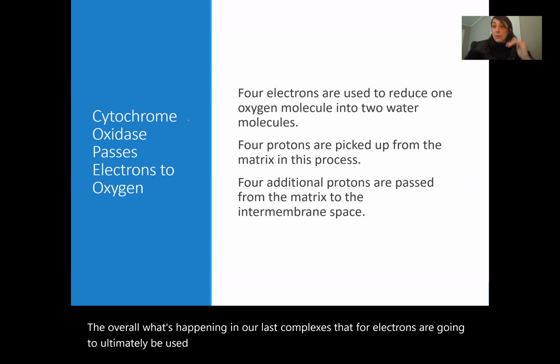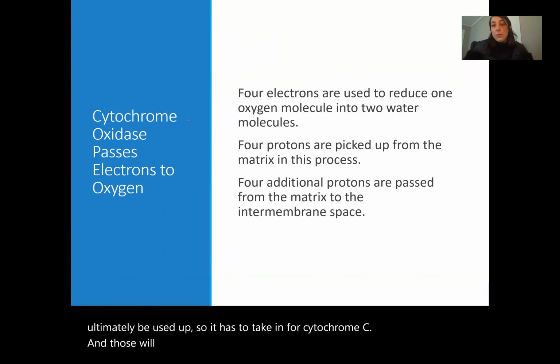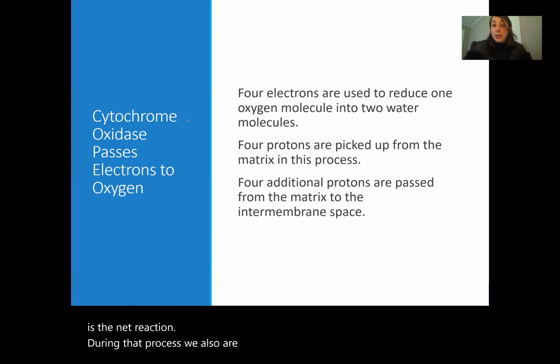So it has to take in 4 cytochrome Cs, and those will reduce 1 oxygen molecule into 2 water molecules. Again, this is the net reaction. During that process, we also are pumping 4 protons from the matrix to the intermembrane side.